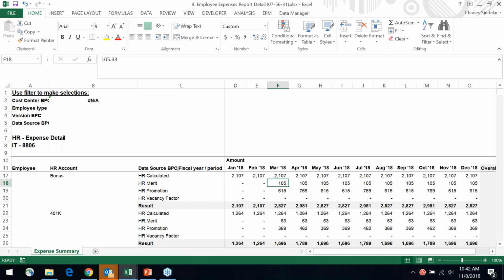So how do you know what that number is? Because we calculated everything at the lowest level automatically in most cases, we can look at this for the merit, and I could run a report here, exclude cost center, and give it to me for all cost centers, and it would roll up all the merit dollars associated with bonus. You could answer the same question for 401k and so forth.